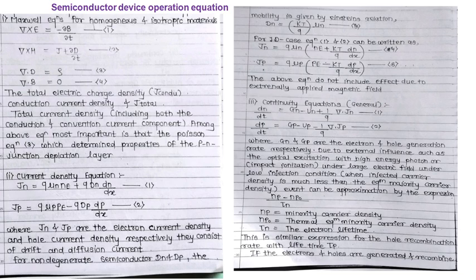Previously we wrote it for the hole lifetime, and this is a similar expression to the hole recombination rate and lifetime. Here electron-hole pairs are generated, so we can write this equation in pairs, where the lifetime of electron and hole is the same. Then we write this equation in terms of excess carriers, whether the carriers are electrons or holes.